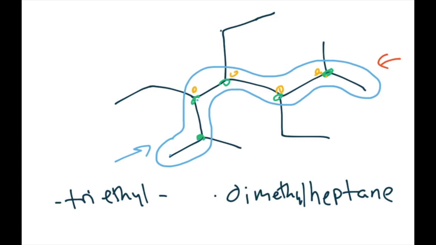Or do I care? I don't think I care. Yeah, either way is the same. It's symmetrical. So we could go 2, 3, 4, 5, 6. So we're going to have 3, 4, 5 triethyl. We're going to have 2, 6 dimethylheptane.